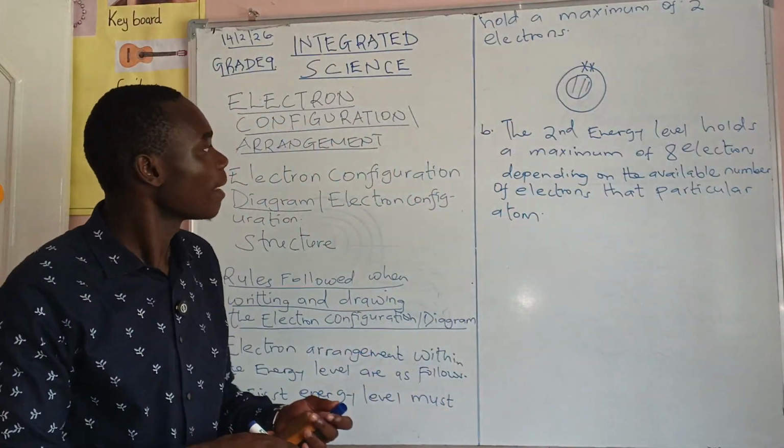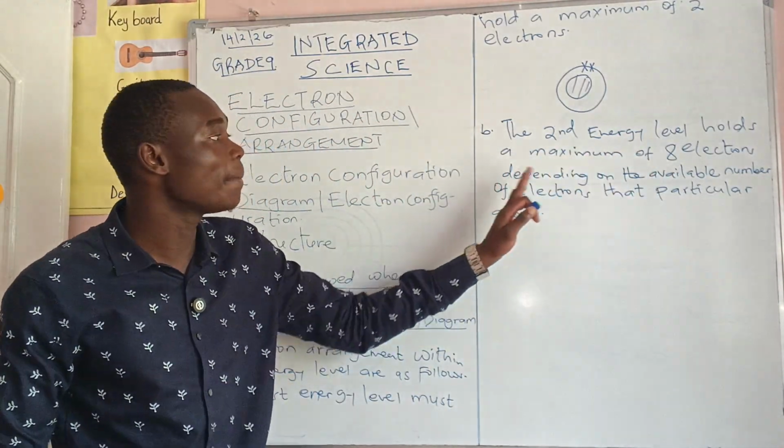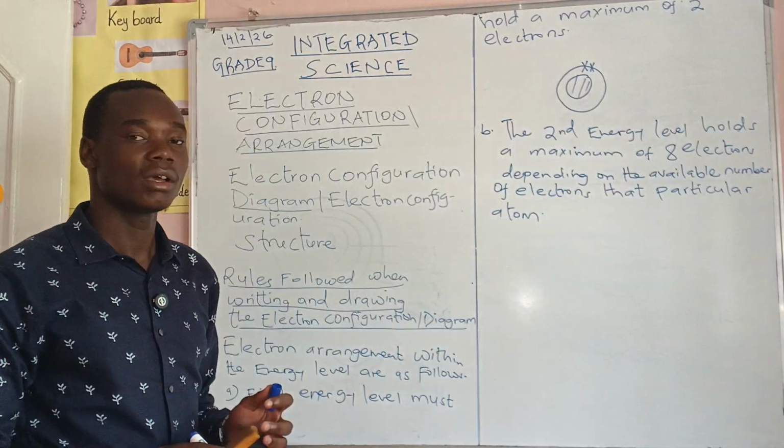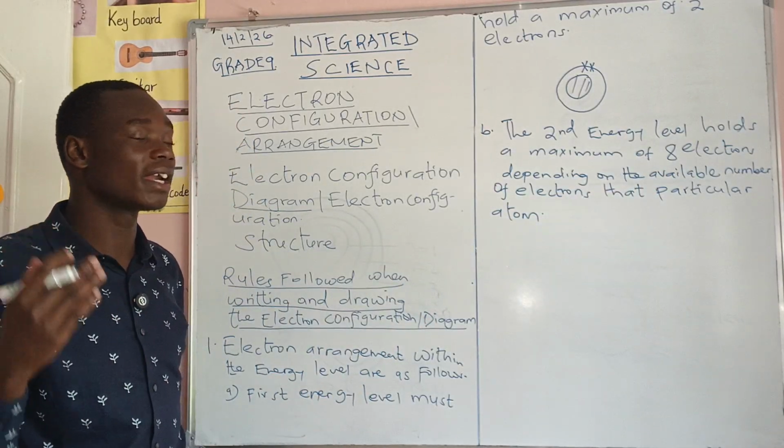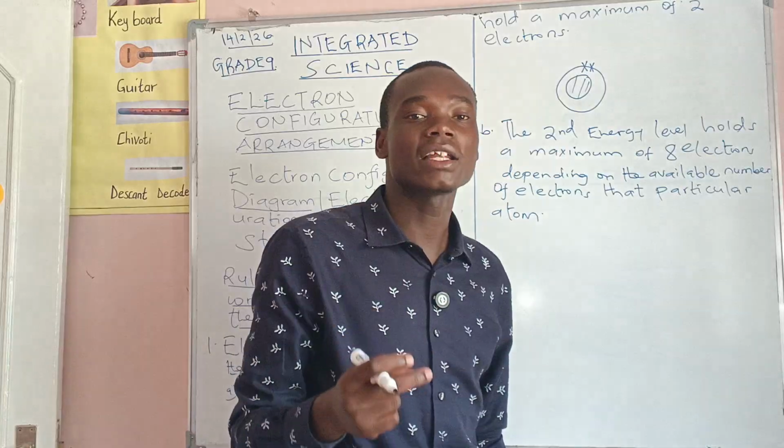So you realize that the second energy level holds a maximum of what? 8 electrons, depending on the available number of electrons a particular atom has.